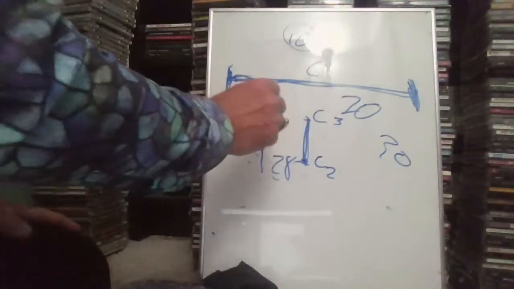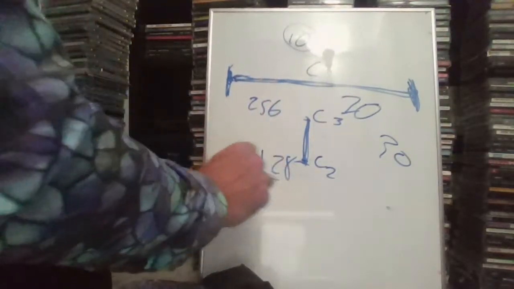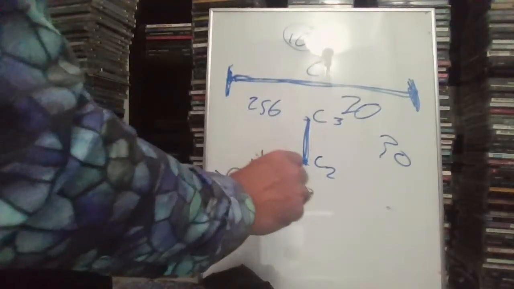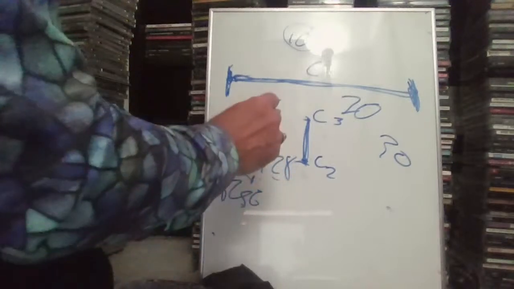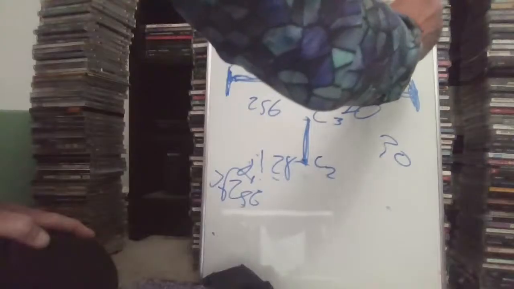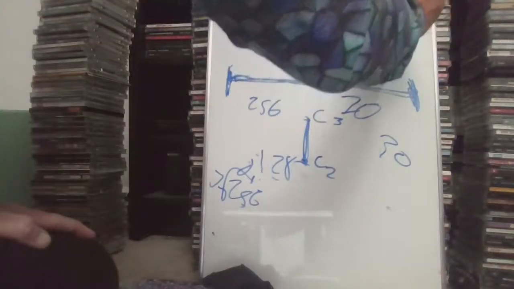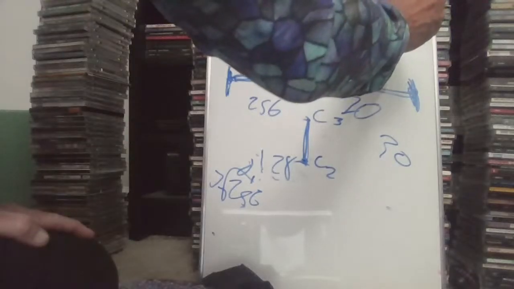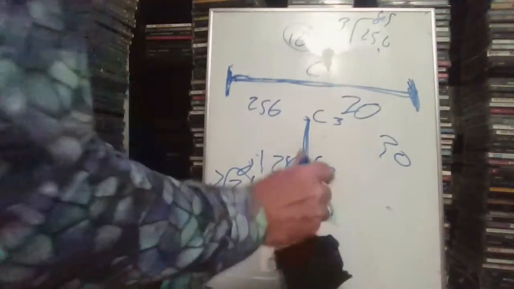And 1/3 of 256 is 256 divided by 3, something like 85 or similar.